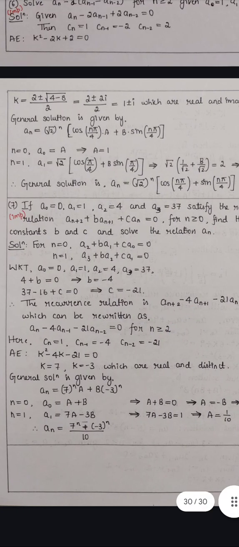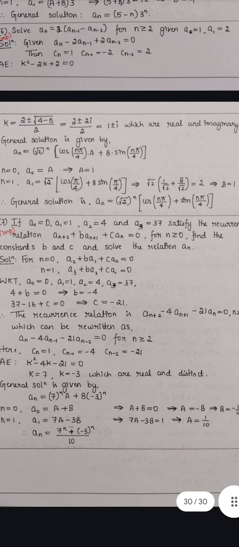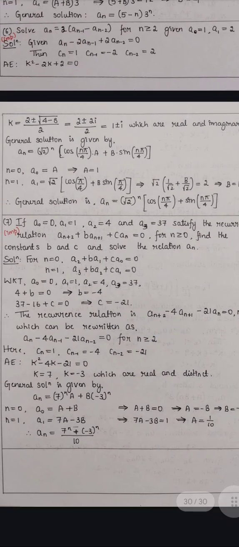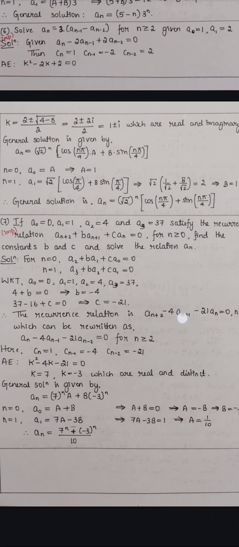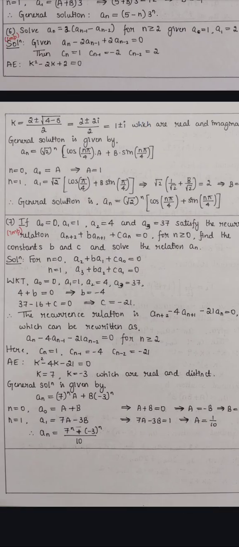If a0 equals to 0, a1 equals to 1, a2 equals to 4 and a3 equals to 37 satisfy the recurrence relation a_{n+2} plus b a_{n+1} plus c a_n equals to 0, we can rewrite the equation as, for n equals to 0 we will have a2 plus b a1 plus c a0 equals to 0.